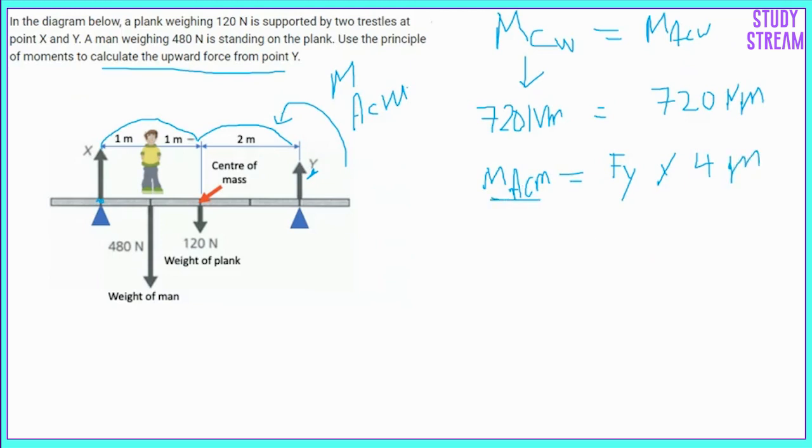Now this we have from the previous question. So now we can just solve for Fy and say that 720 divided by 4 will be the answer, 180. Okay, do you guys understand how we got the answer?